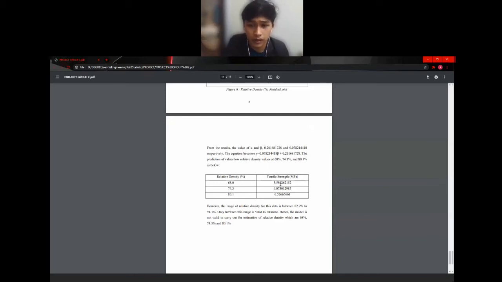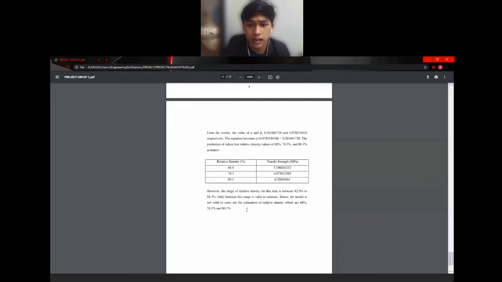However, the range of relative density for this data is only between 82.9% and 94.3%. So only this range is valid for estimation. Our model is not valid for estimating relative densities of 68%, 74.3%, and 80.1%.